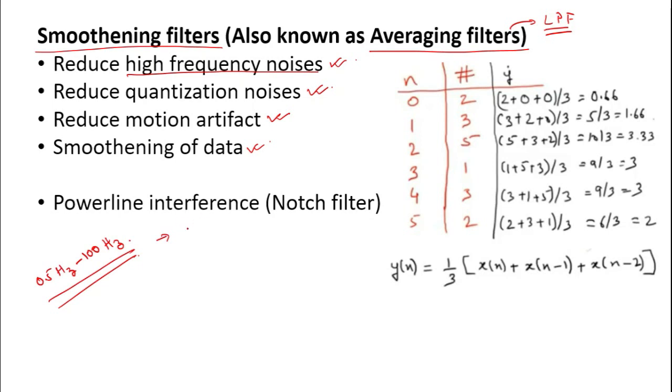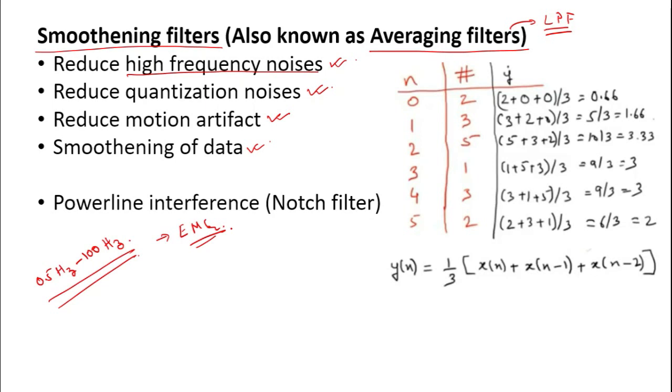Muscle activity gives rise to the electromyogram, which we have seen in the flipped class. The electromyogram can have frequency ranges starting from 0.05 hertz into a few thousand hertz, maybe 3 or 4 kilohertz. Different books say different things, but usually it is regarded as 3 kilohertz. So you have everything from very low to high frequencies.